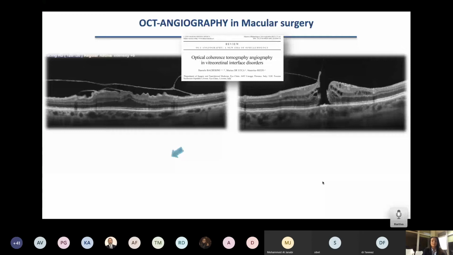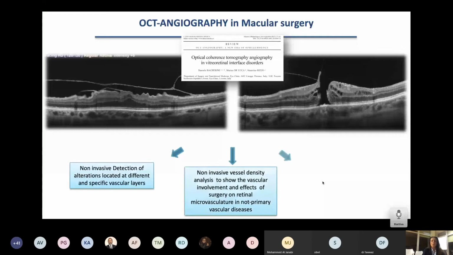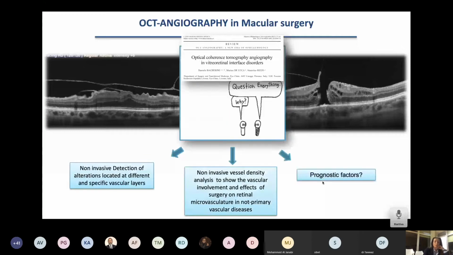And so why should we use OCTA in macular surgery for non-primary vascular diseases? First, to study with a non-invasive method the alteration in different and specific vascular layers.